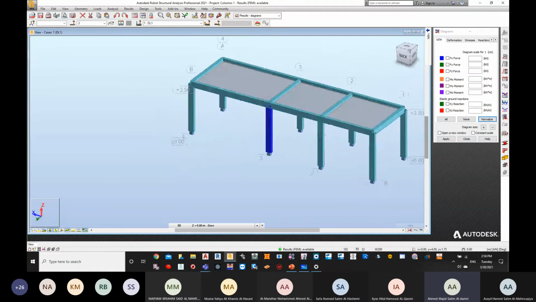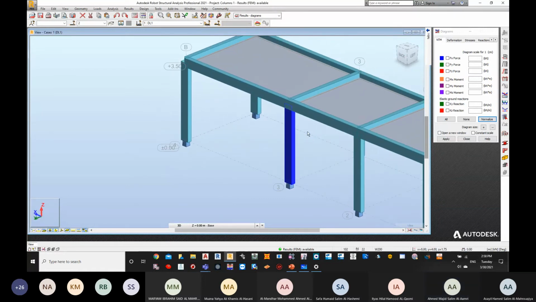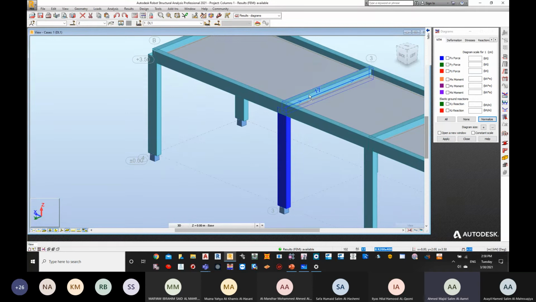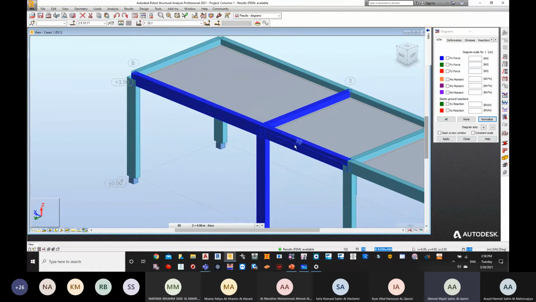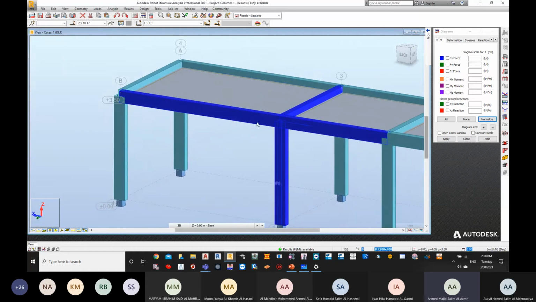Now you can see for this particular column, you will have 3 beams. The beam number 1, beam number 2, and then beam number 3. You can see that one beam is longer than the other beam in the direction of x.